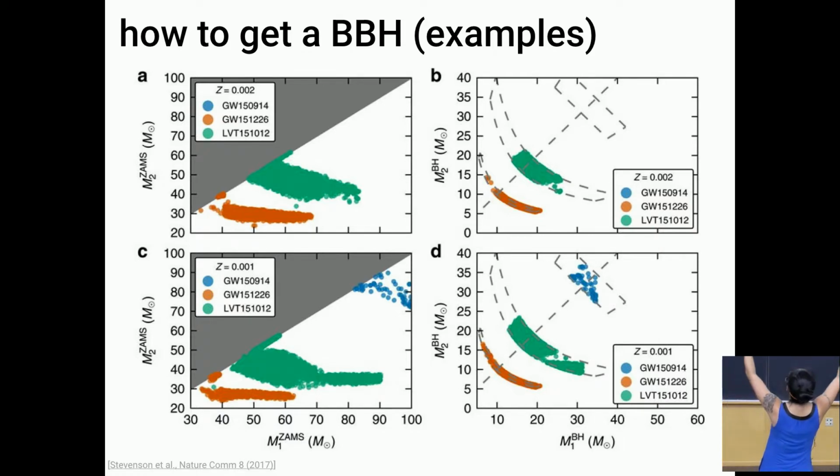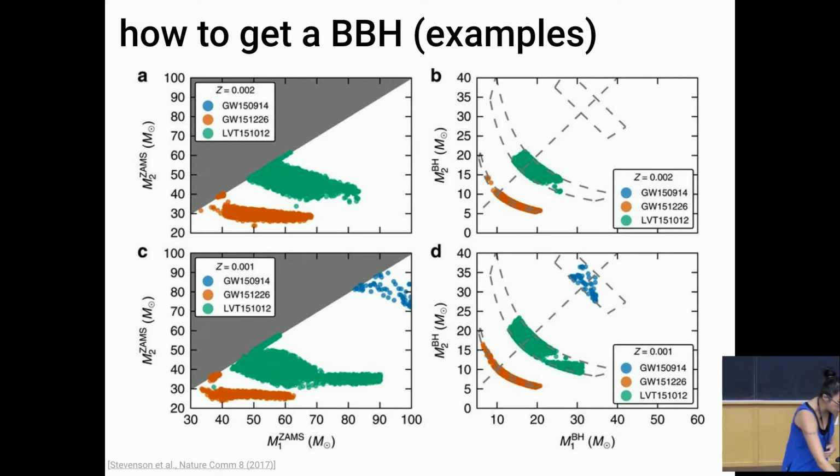The top row is a metallicity of 0.002, so twice as high. What you'll notice is that the top row seems to be missing blue dots, right? It's missing blue dots because with this set of assumptions, with this metallicity, there are no stars that were able to produce black holes like the ones that are required by 150914.